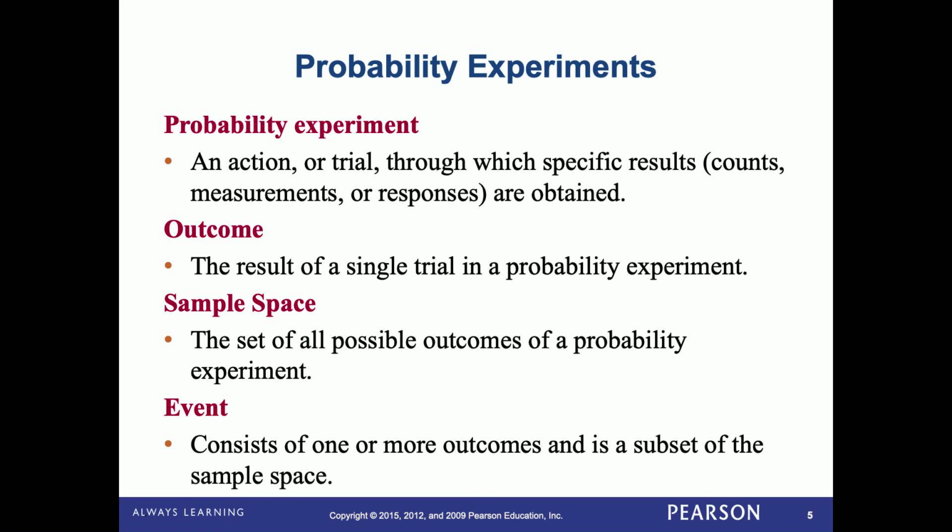All right, an event consists of one or more outcomes, and it's a subset of the sample space. So rolling a die, you might want to get an even number, so it'd be 2, 4, or 6. Those are three possible outcomes, and it is a subset of all the possible outcomes of rolling a die.